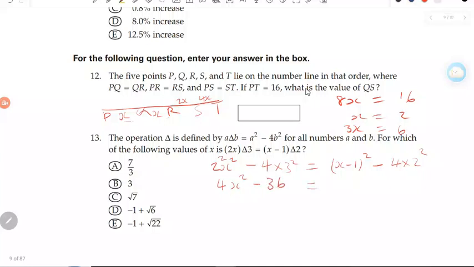It's like you are tired. Don't go to the exam tired. Here, this one is what? S squared minus 2S. Okay. S squared minus 2S plus 1. Okay. Minus 16.